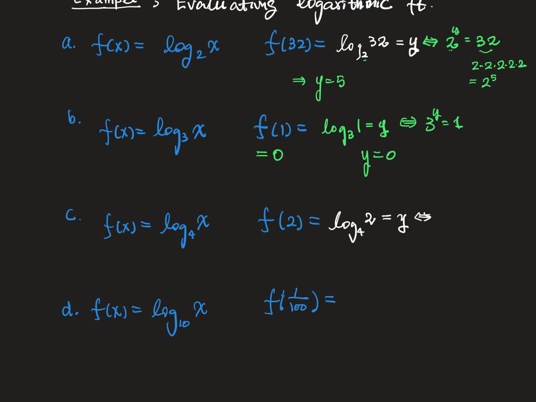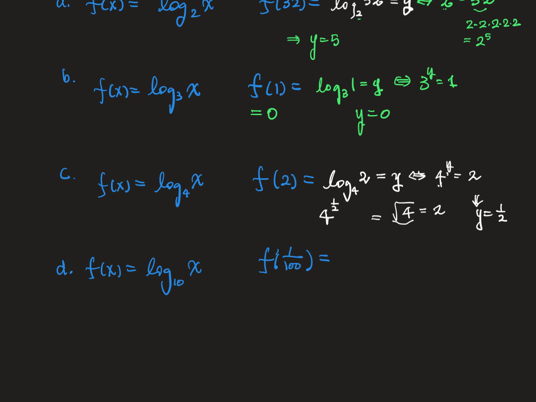The exponential form is 4 to the y equals 2. Here 4 is the base and y is the exponent. This is 4 to the square root, and the square root of 4 is 2. Another way you write this is 4 to the 1.5. So y is going to be 1.5.